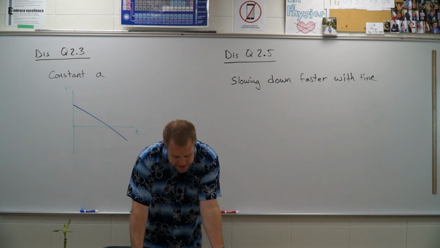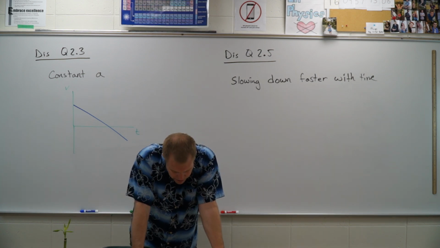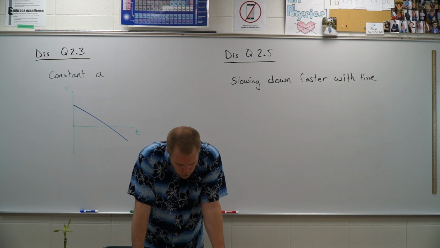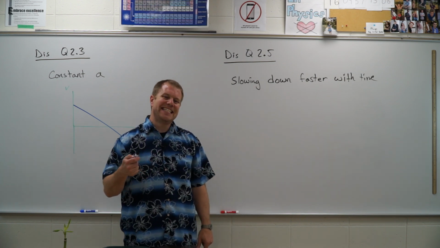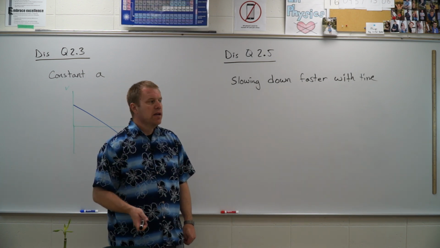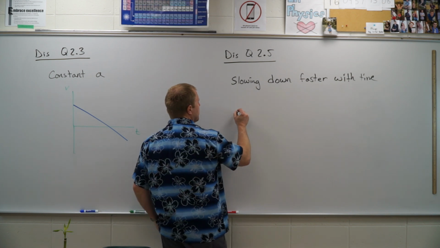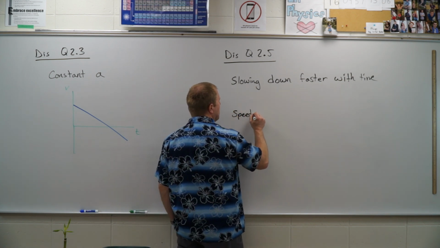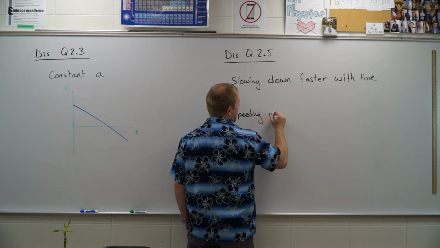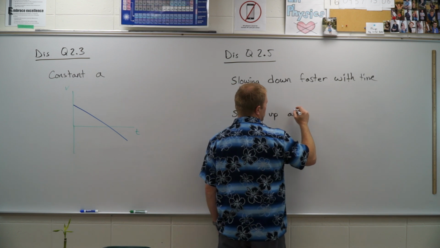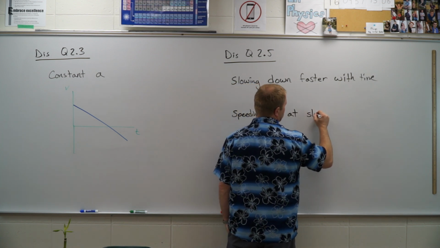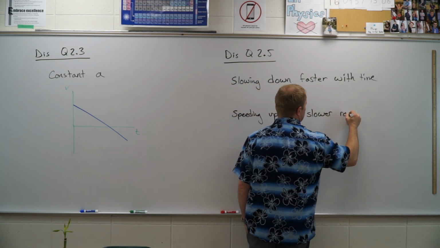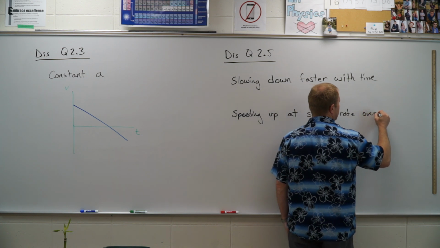The second one says, is it possible to be speeding up while the acceleration is decreasing? So is it possible for me to be speeding up at a slower rate over time?